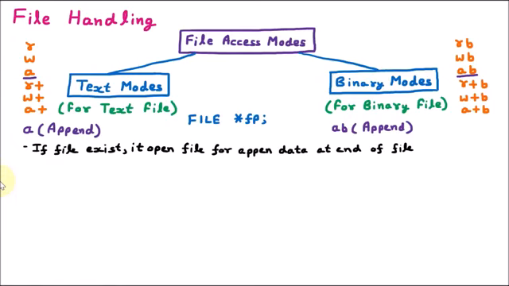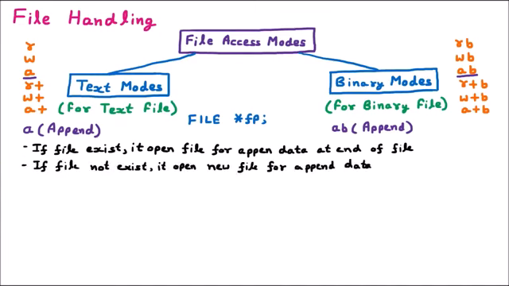But let us suppose that we have case 2, where the file is not present. In that case, a new file will be created for adding the data. Now we are learning how to use append mode inside the program. So let us suppose that we have the file pointer fp. So here fp is equal to, we are opening the file by saying fopen.